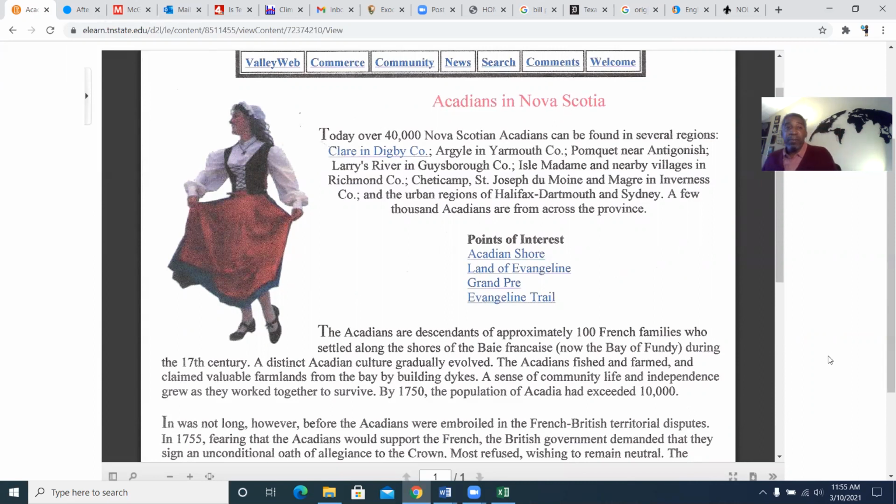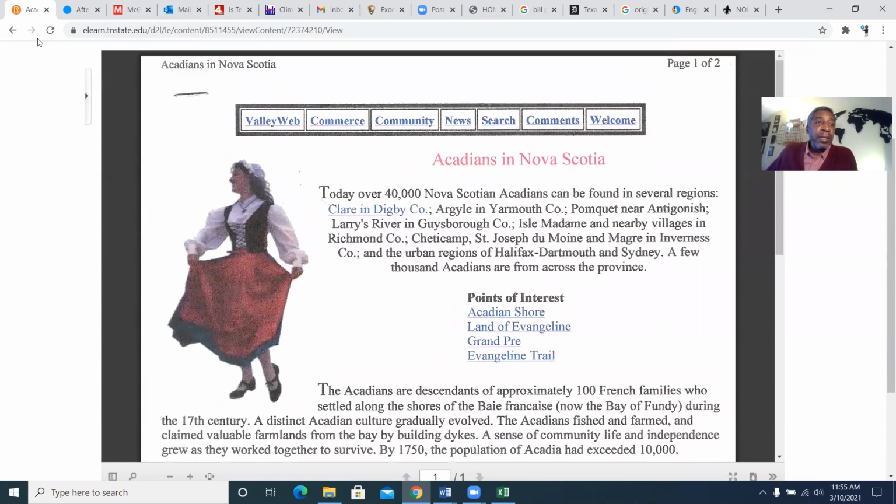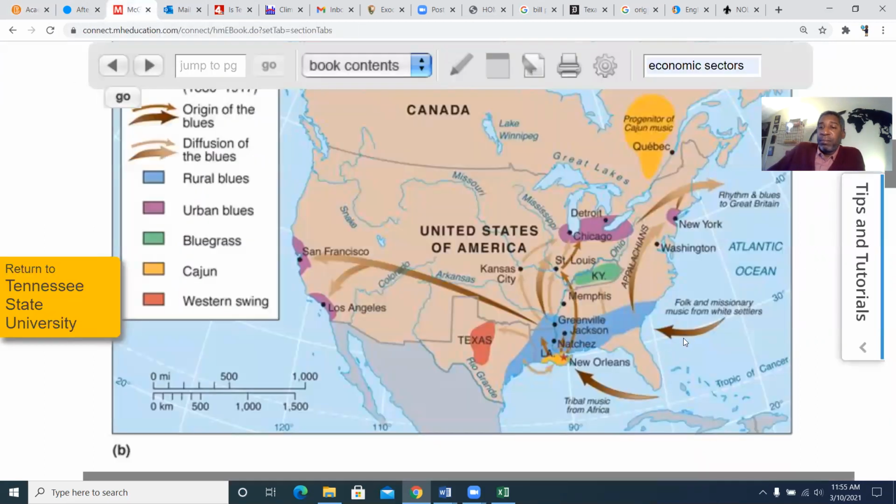And so what happened, of course, was over a period of time, these French people intermingled with African people, intermingled with other cultures, intermingled with Native American cultures, and out of that came this Cajun culture with music and food and basically kind of its own language.